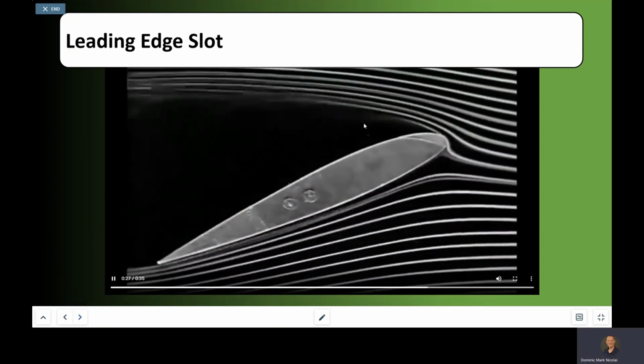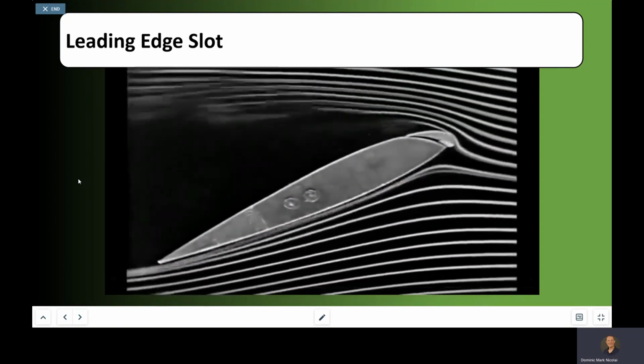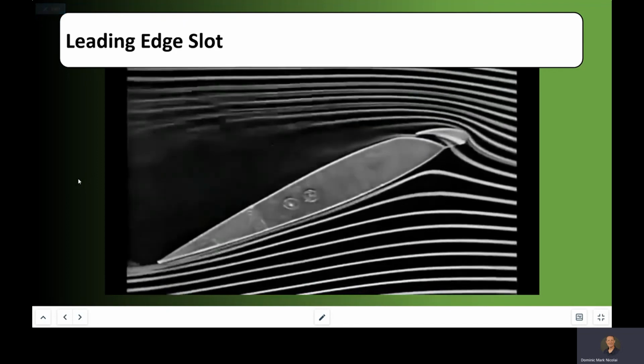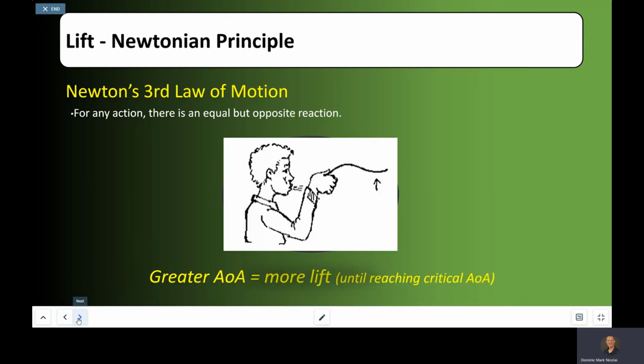And close it off, we see we get earlier separation now, and a lot of lift has been destroyed. Open it back up, re-energize the boundary layer. So in some aircraft, this is very critical for their ability to take off and to land at that slower speed.